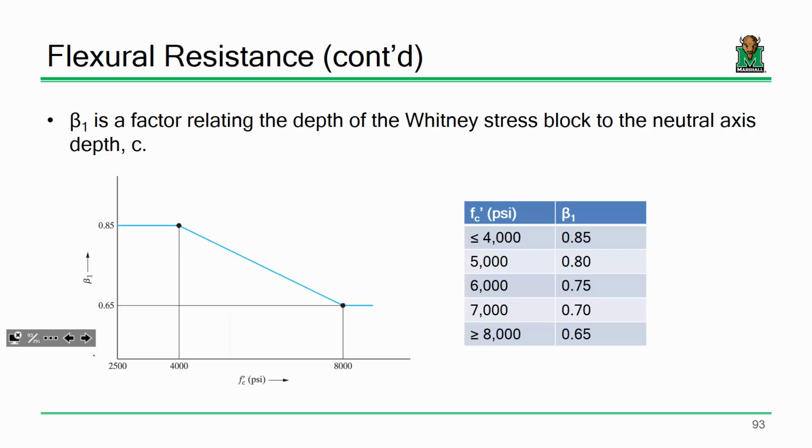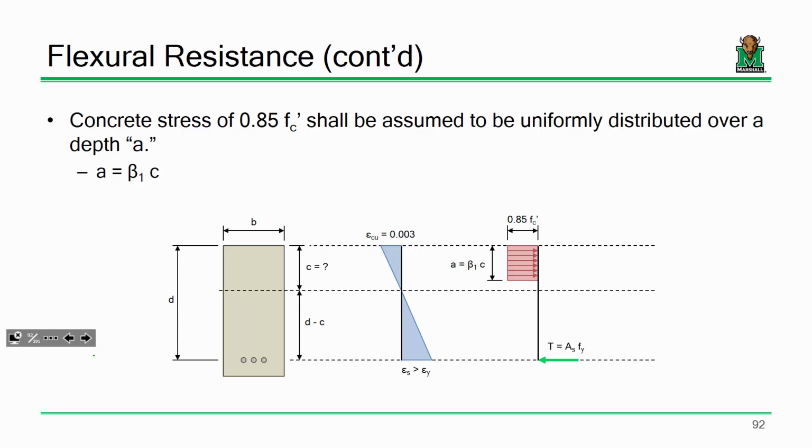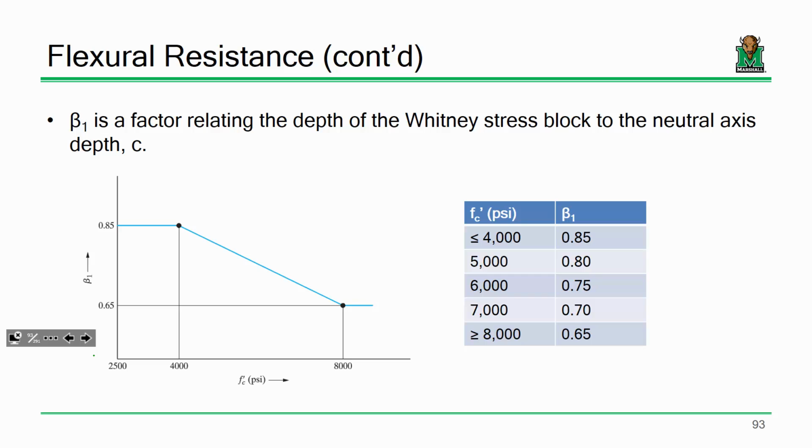I know we're running out of time, so I'll mention a few quick things, and then we'll pick this up next time. Beta sub 1, the concept that we mentioned earlier, we didn't use beta sub 1 in that example. We really didn't need it. But beta sub 1, which is the relationship between how deep this is versus how deep that is, is a function of the type of concrete you have.